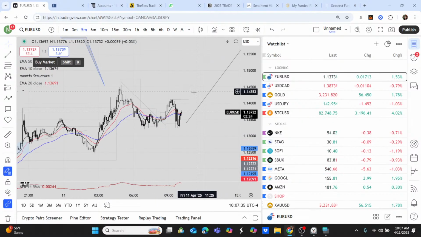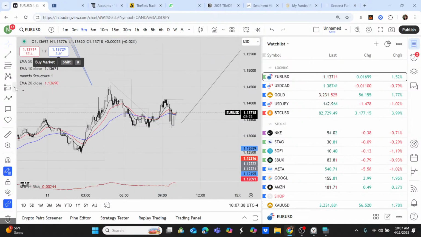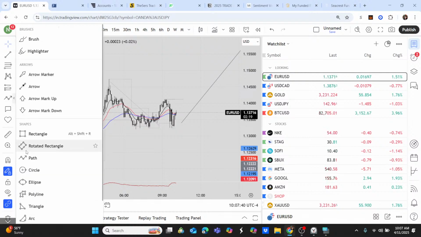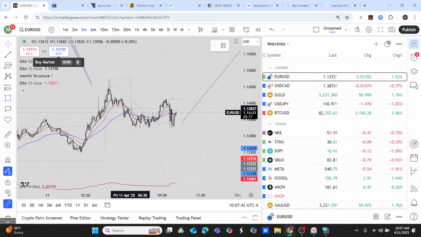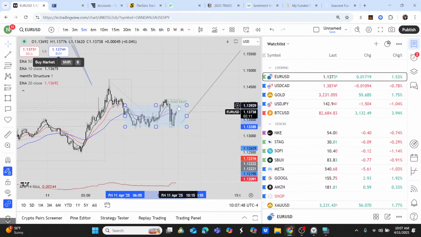So now that I'm looking at this, what I can see is this right here. Let me highlight this. This is clear consolidation right here. Just consolidating just like that.